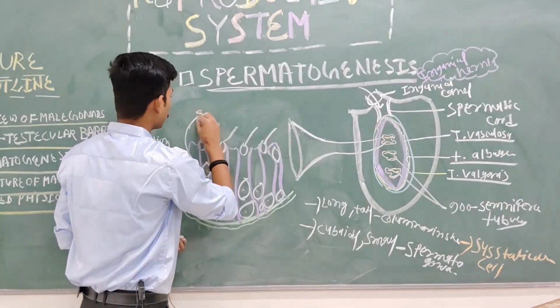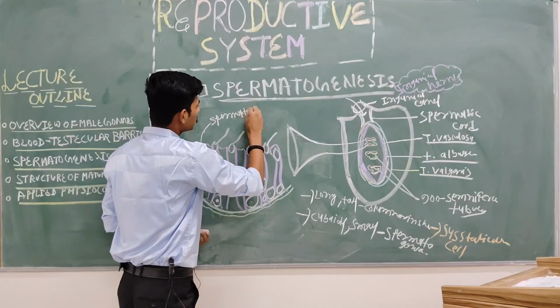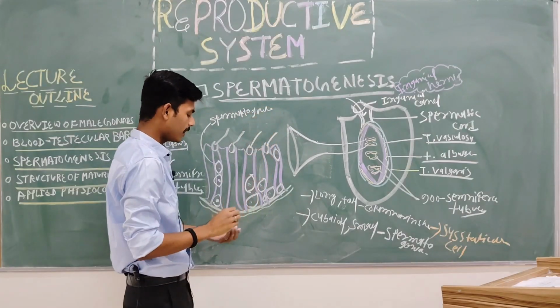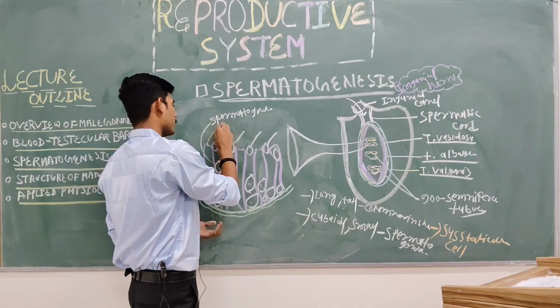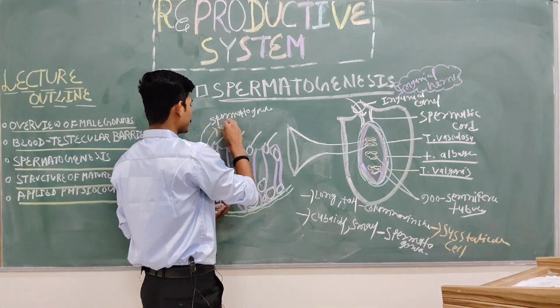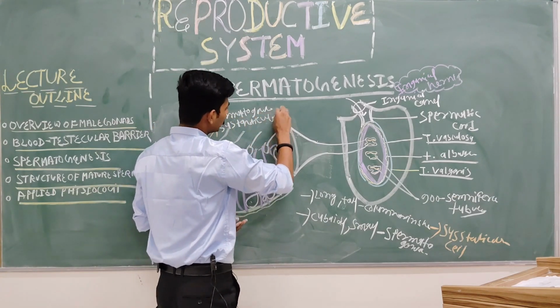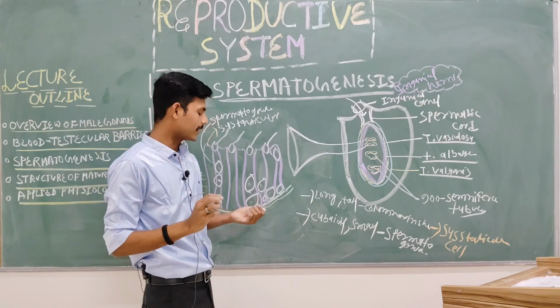This is the spermatogonia, and this long, taller cell is the sustentacular cell.